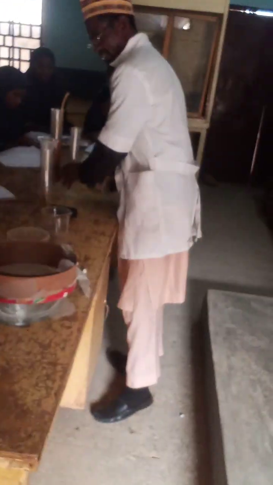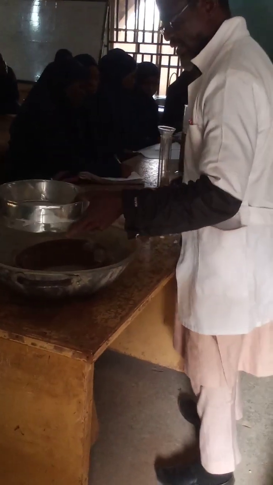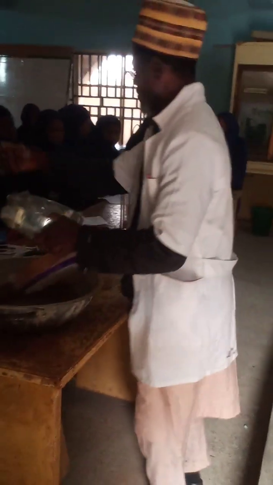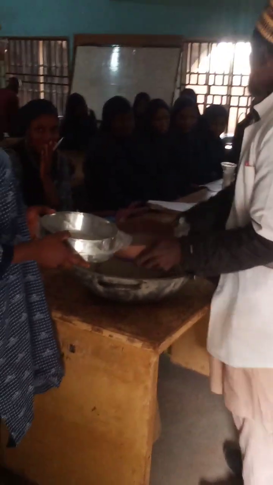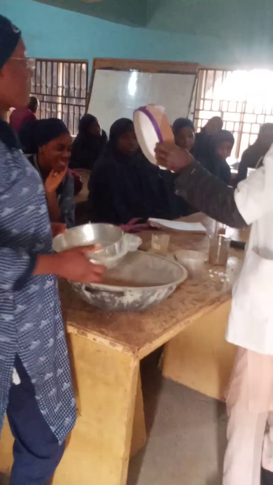The second method is what we call sieving, that is the use of sieve. In the sieving method, you are going to use sieves of different diameters.